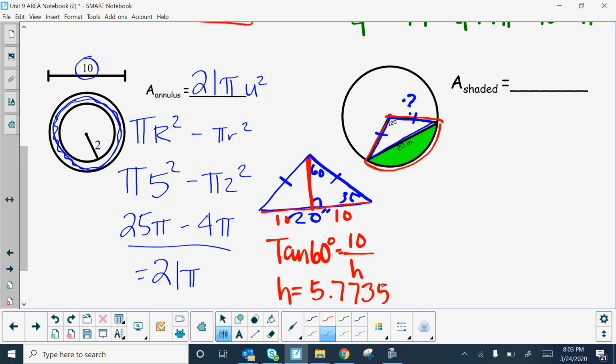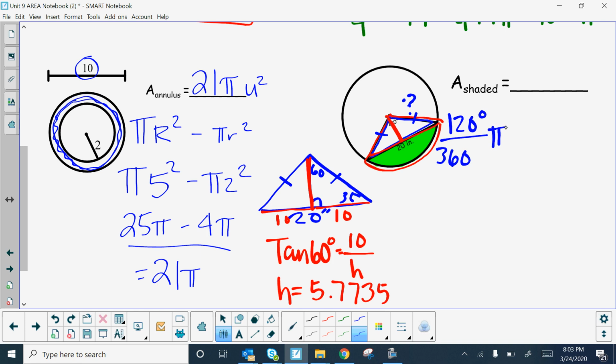So now I know the base of the triangle, and now I know the height, so I can use that in the formula. So we're going to do x over 360, so 120 over 360 times pi.